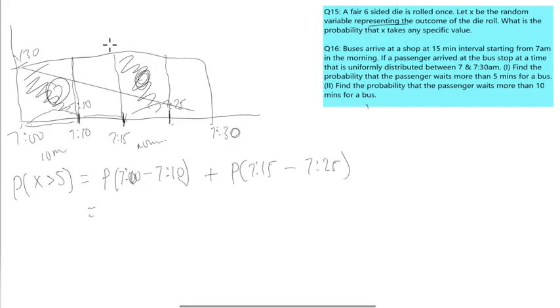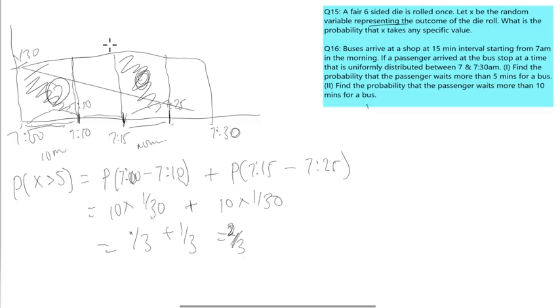The area is base times height. So our base, which is here, is 10 times our height, 1/30, plus our base for 7:15 to 7:25, which is also 10 times 1/30. So this is going to give us 1/3 plus 1/3, and the probability that the passenger waits more than 5 minutes for a bus is 2/3.